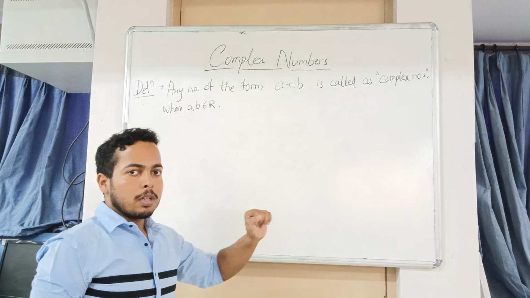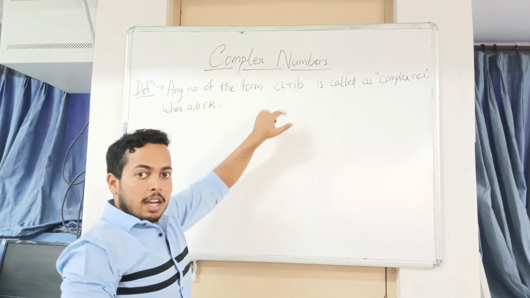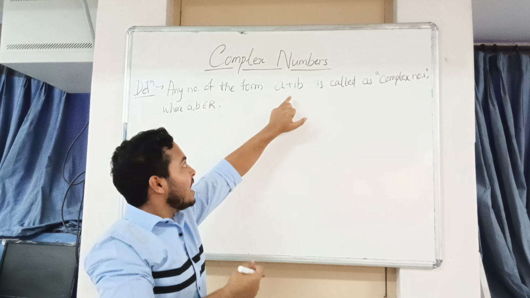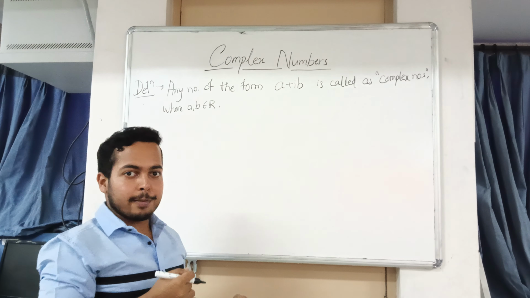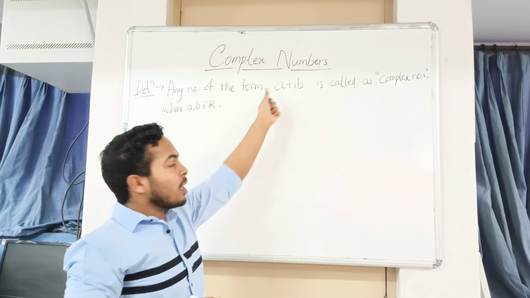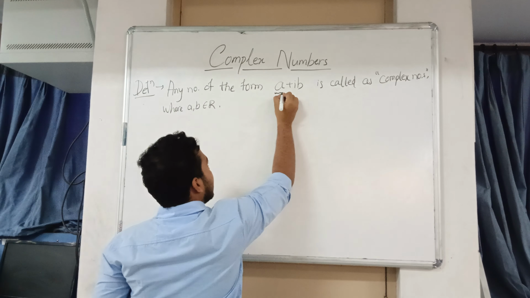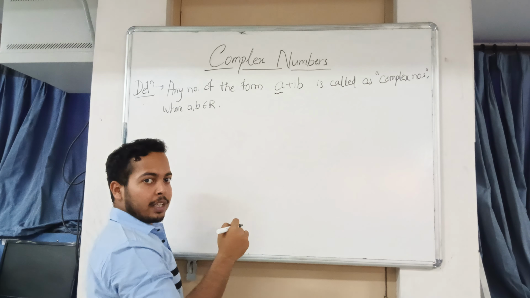Now observe that these quantities have two components in them. First is a real number and second is the coefficient of i. This part of the complex number is called the real part of the complex number.